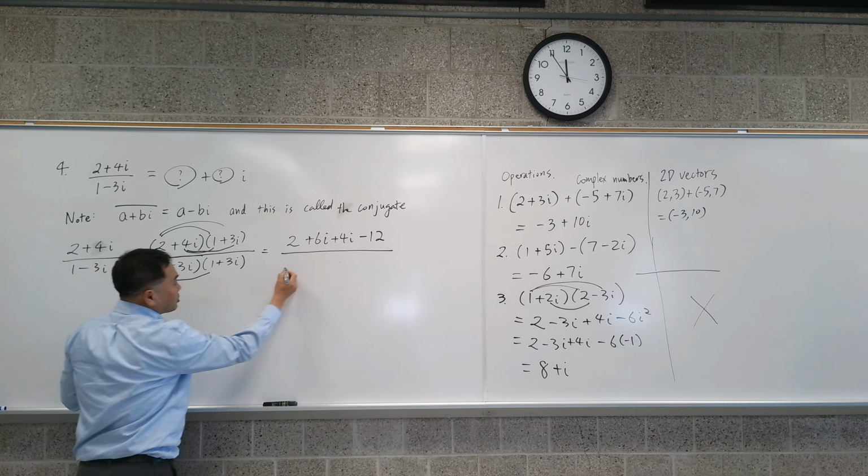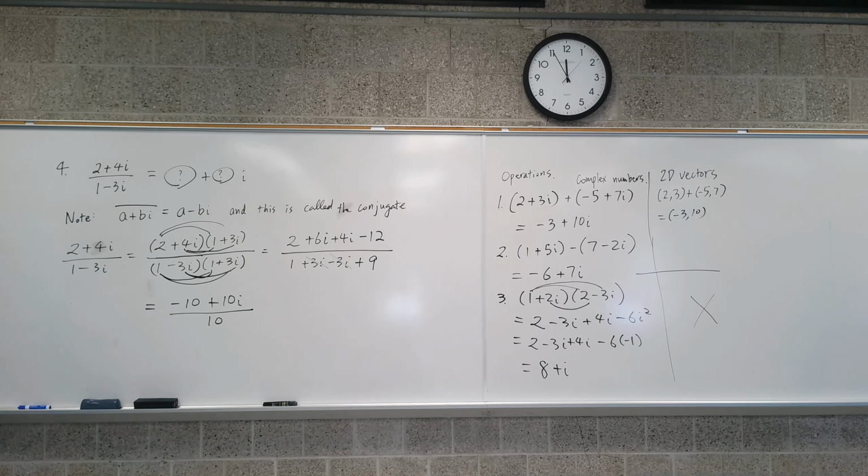Now, do you see that these two cancel? And once you cancel those two terms and simplify the top, it becomes -10 plus 10i divided by 10, right?